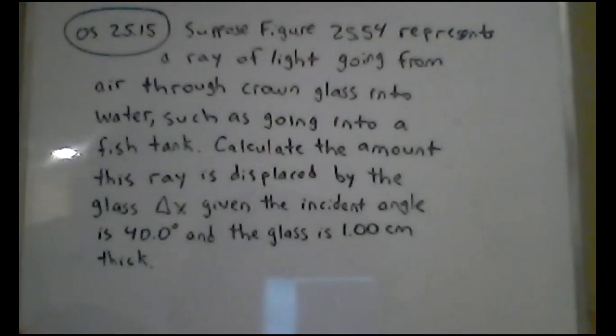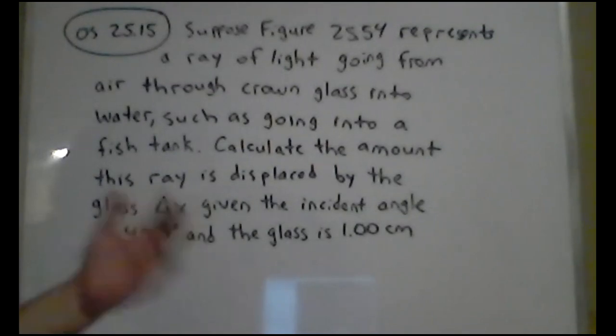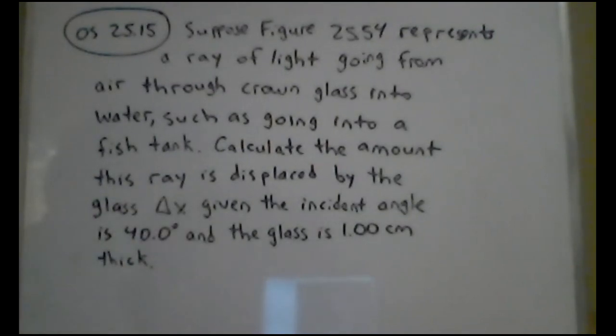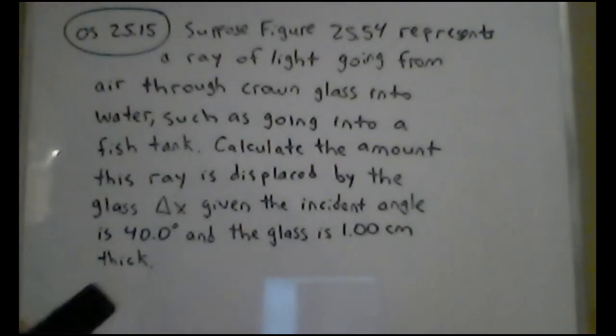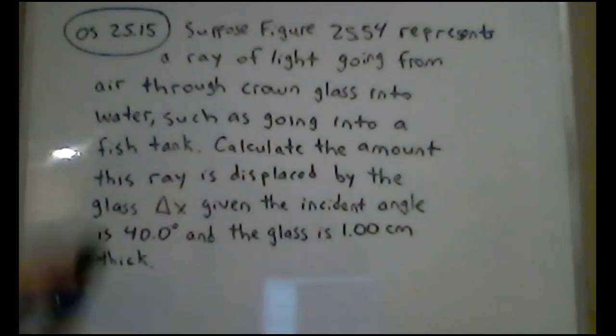I typically tell my students to save this calculation, and we're going to use it later when we do the optics lab, where we would actually measure that displacement. You're clearly not going to do that in this class. So let me draw a picture. Remember these numbers; I'll apply them to the picture.